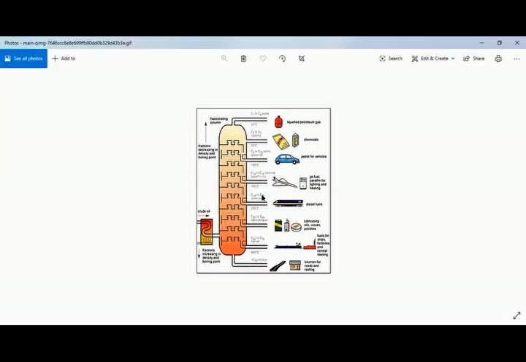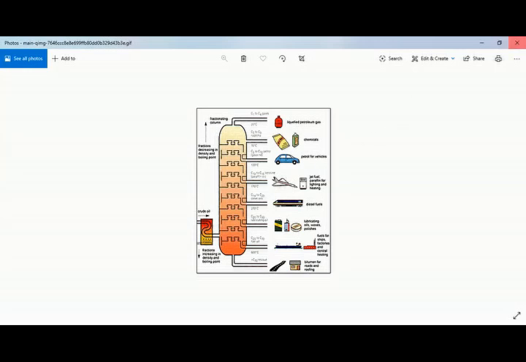temperature. That's why we get the petroleum gas, the gasoline, the paraffin, kerosene, and so on by their boiling points. So they change from liquid into a gaseous state.